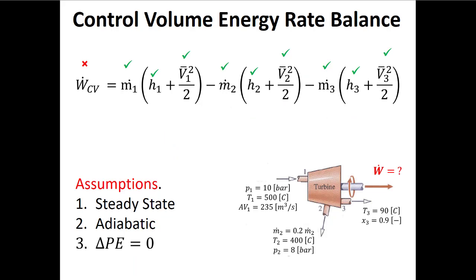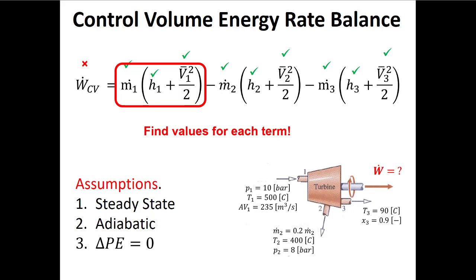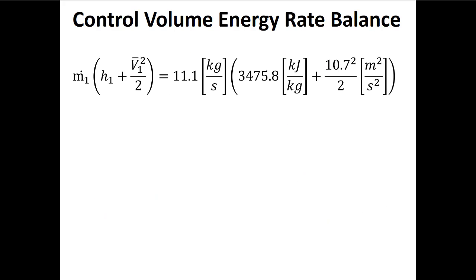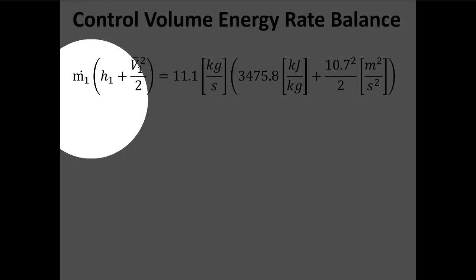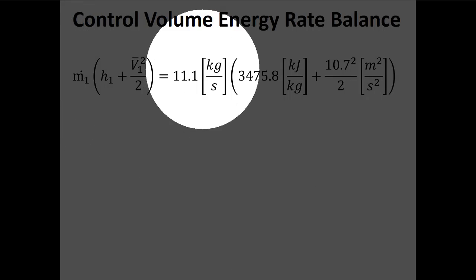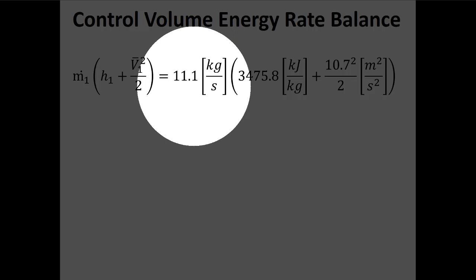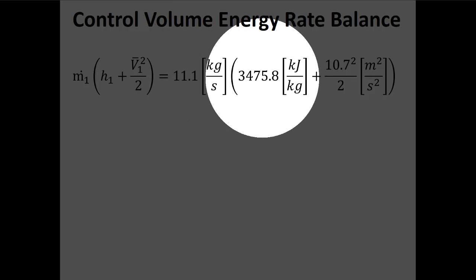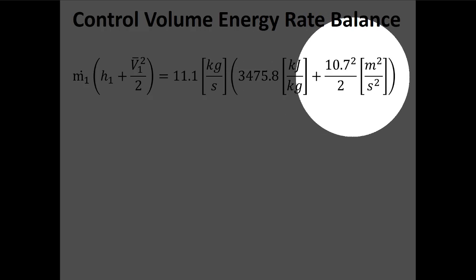So now I go back to the equation that I had from the first law about power generated by the turbine, and I put all this in. So I can look at values in each one of these terms. First, I'm going to look at the first term. Now I have the mass flow rate at 1 multiplied by h1 plus V1 squared over 2. I know the mass flow rate, h1 I looked up, and now I look at this velocity term.